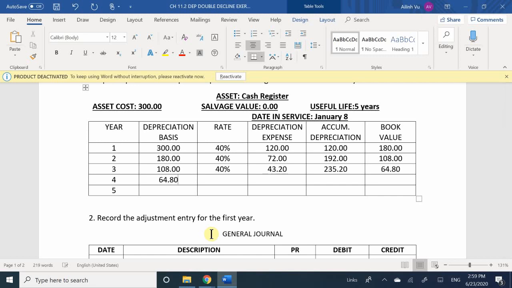And then moving on to the fourth year, what is the fourth year's depreciation basis? 64.80. Correct. We know this is 40%. 25.92. Hold on, what did you get? 25.92. Okay.